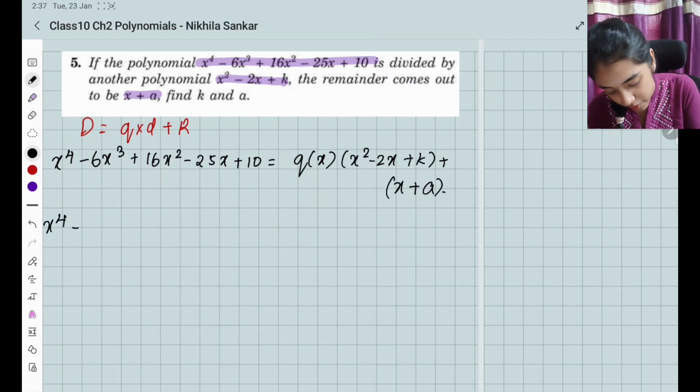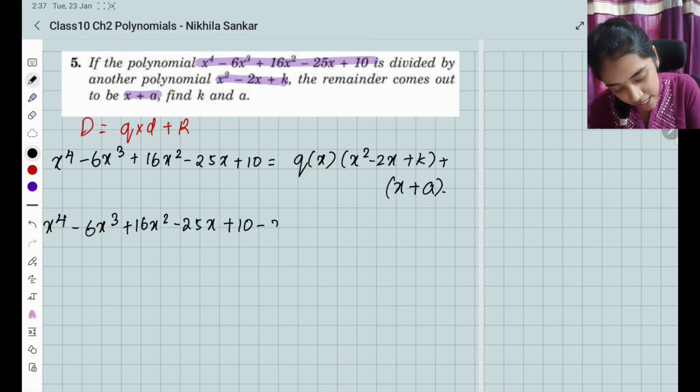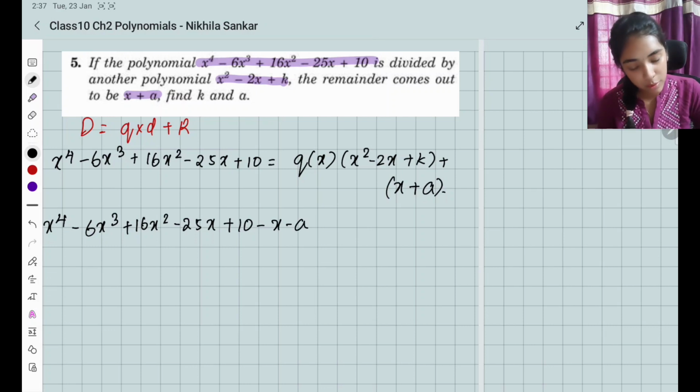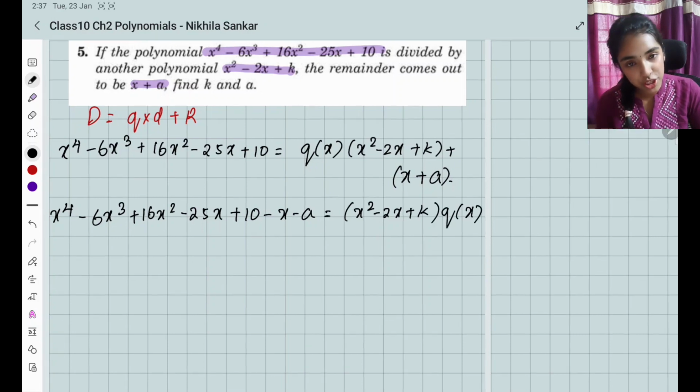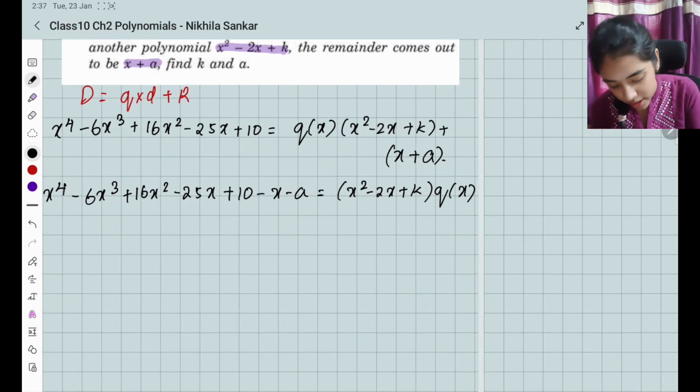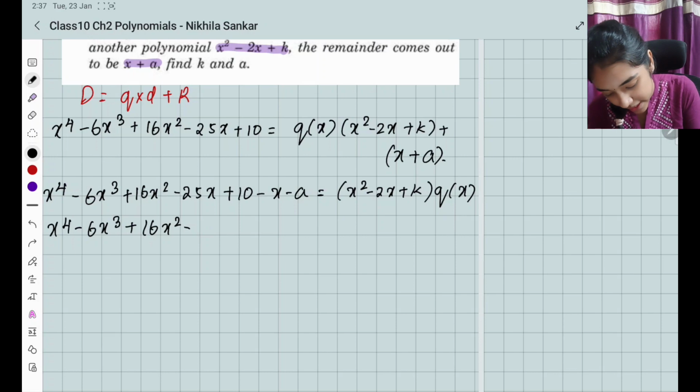So what do I have? x power 4 minus 6x cube plus 16x square minus 25x plus 10 minus x minus a equals x square minus 2x plus k times the quotient. Now our new dividend is going to be x power 4 minus 6x cube plus 16x square minus, now what is in this place? You see that there is minus 25x minus x.